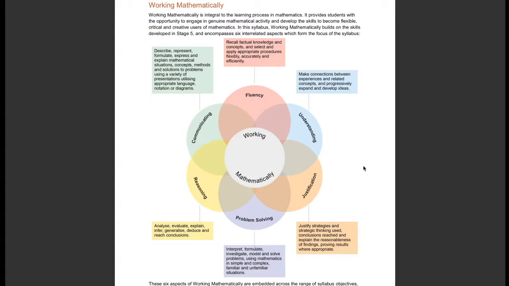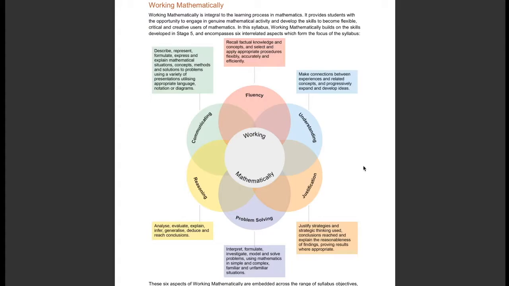Again, we can fall back to technology, but this also applies into how we respond to questions in written exams. Communicating is not only about what we write, it's also about how we write it. It's about having neat working so that the marker can see what we're doing.